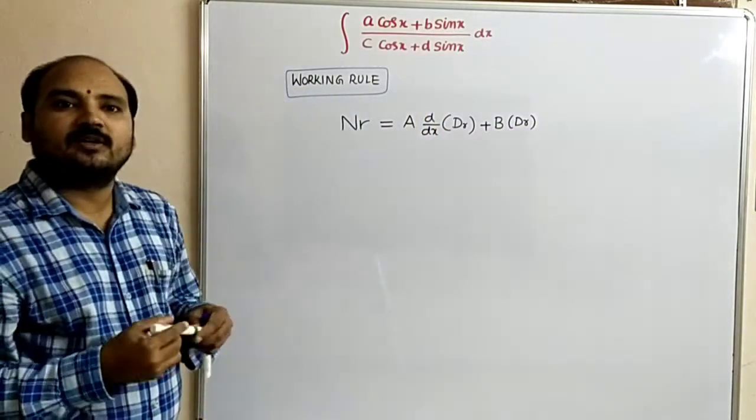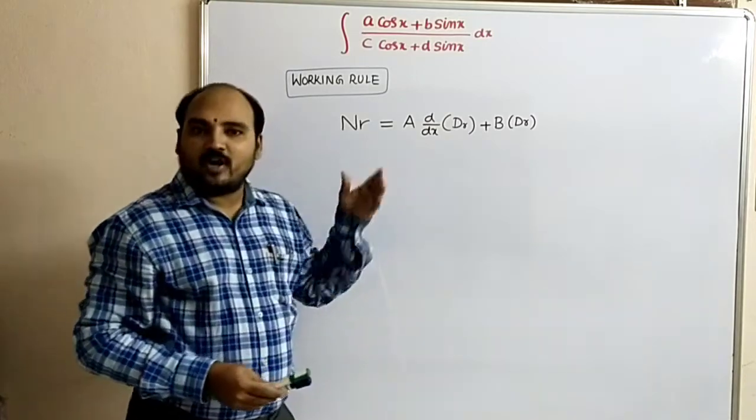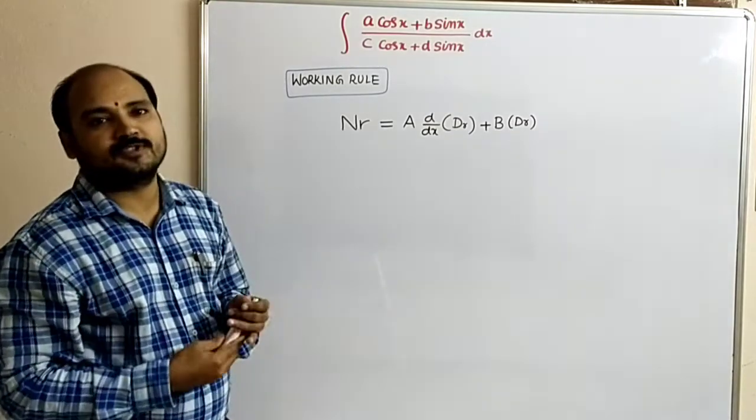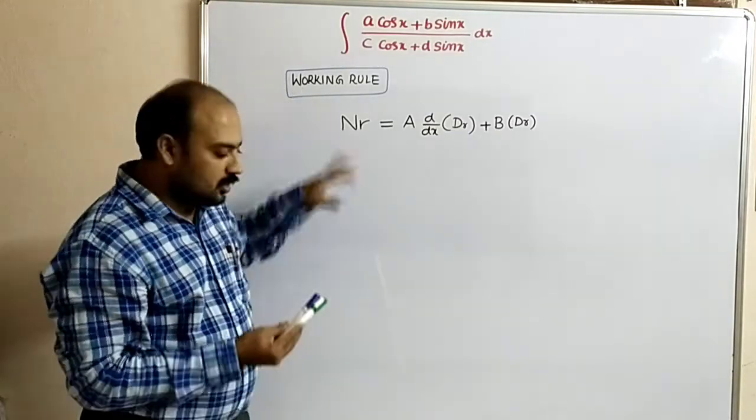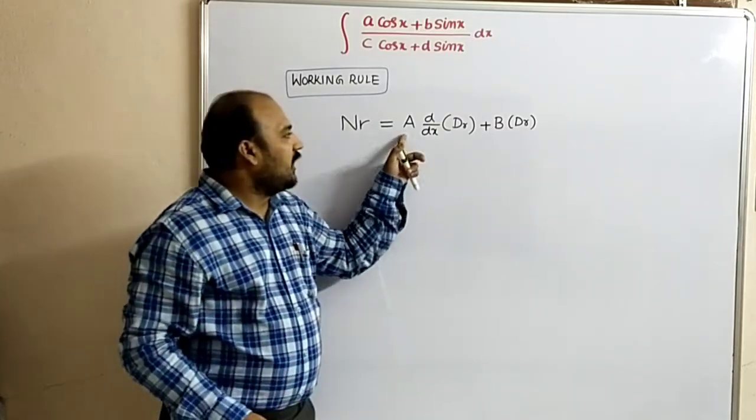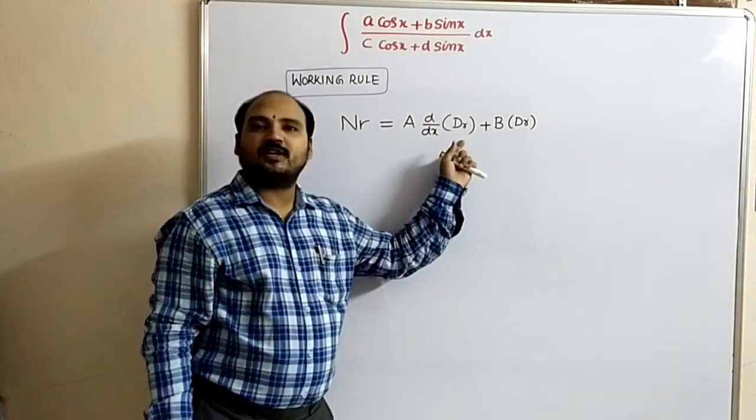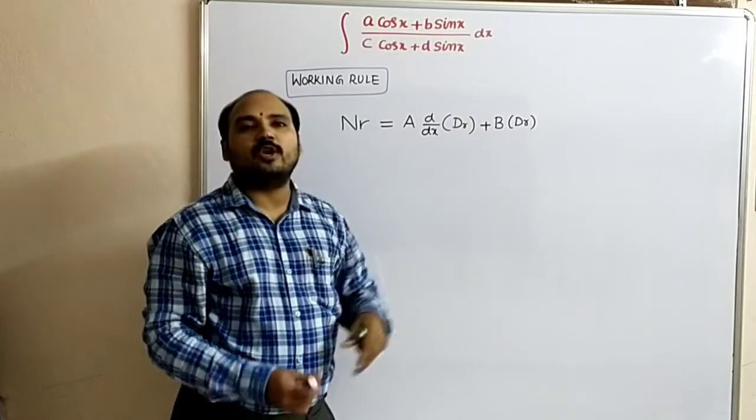This is the working rule to evaluate these type of problems. So numerator equal to capital A into d by dx of denominator plus B into denominator.